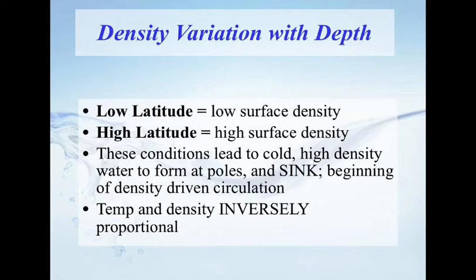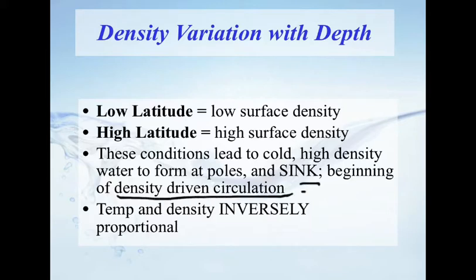At the poles, this cold water, during certain times of the year and during certain climatic functions, can also get salty for a period of time, but it doesn't stay salty for long because the salty water separates from the colder, fresher water and it sinks. And this starts what is a term you need to know: density-driven circulation.